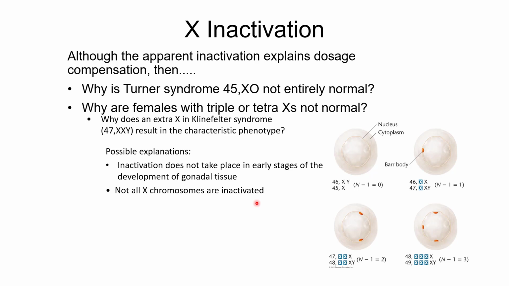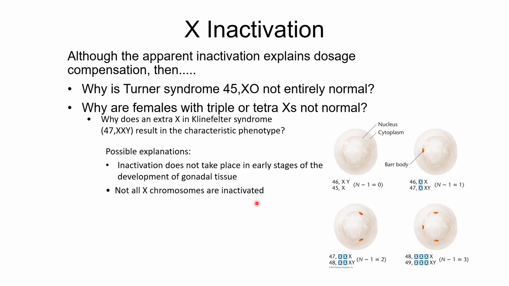One is that inactivation doesn't take place in the early stages of development of the gonadal tissue. So perhaps when we have a failure of this to occur early during the gonadal tissue, that's what results in different people experiencing slightly different phenotypic characteristics when they have Turners or Klinefelters or poly-X, right?